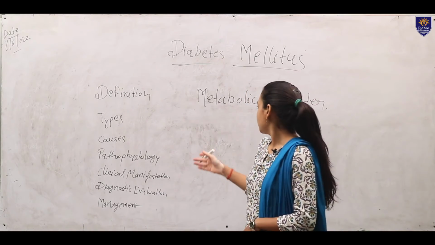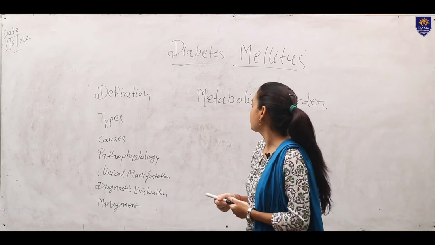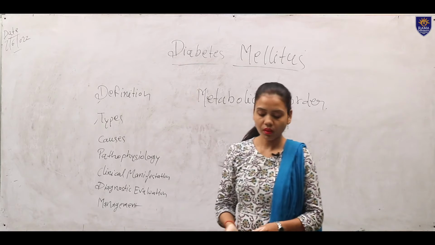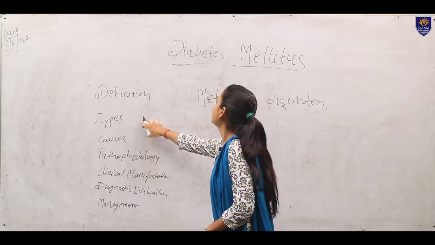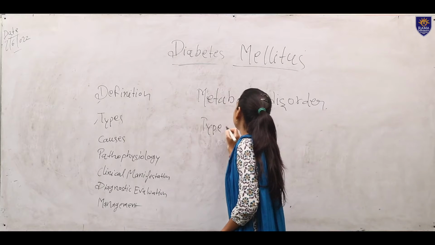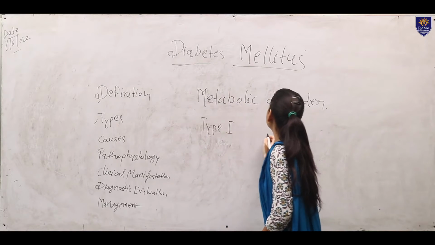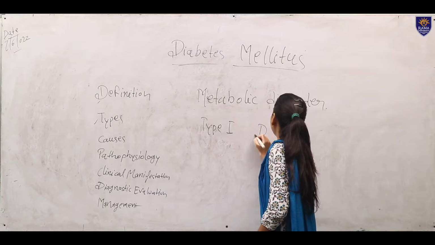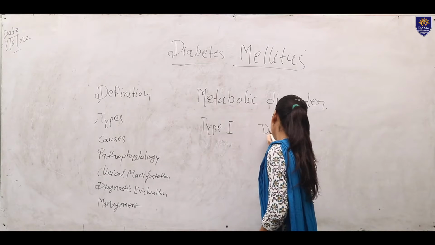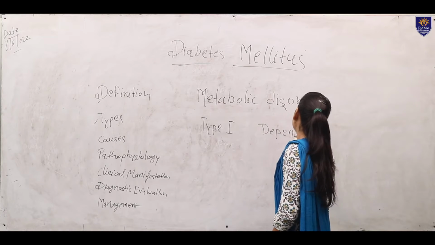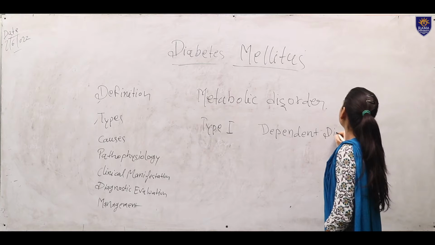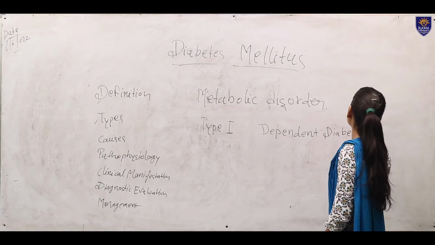After that, I am discussing the types of diabetes mellitus. There are two types. First, type 1, insulin-dependent diabetes mellitus.